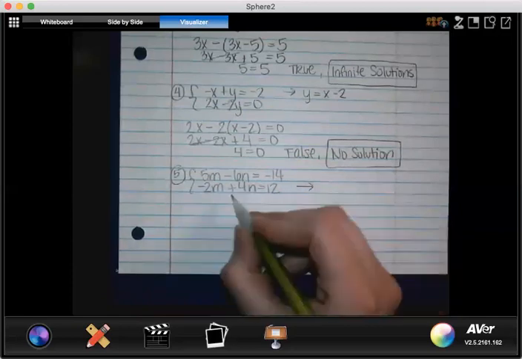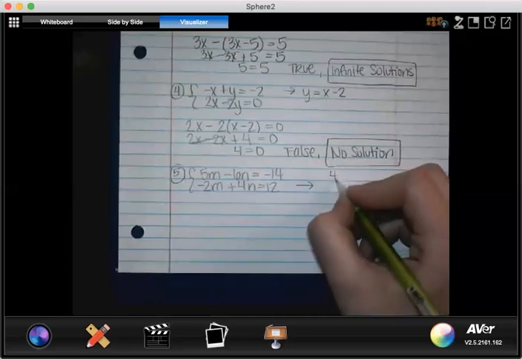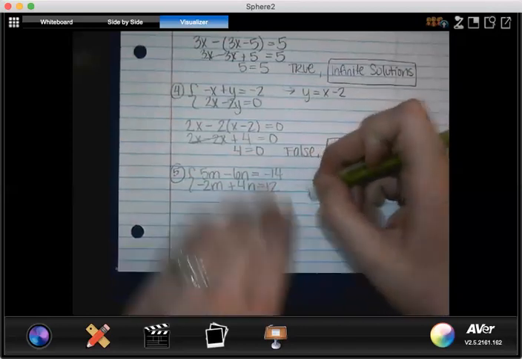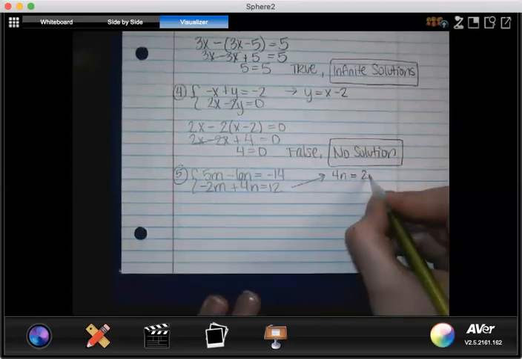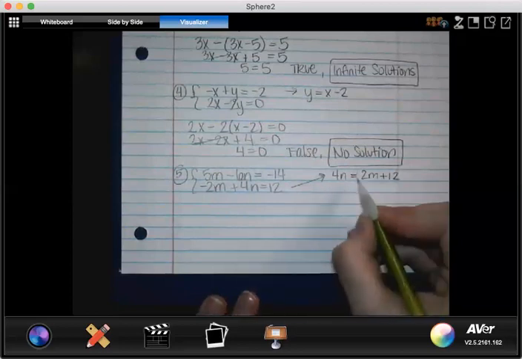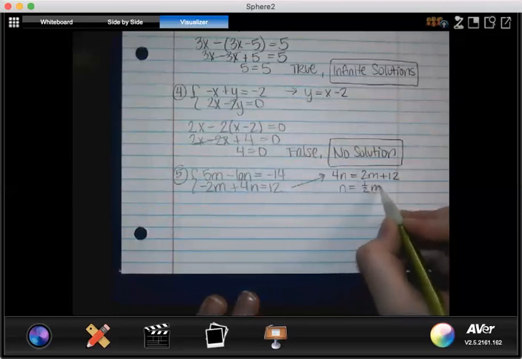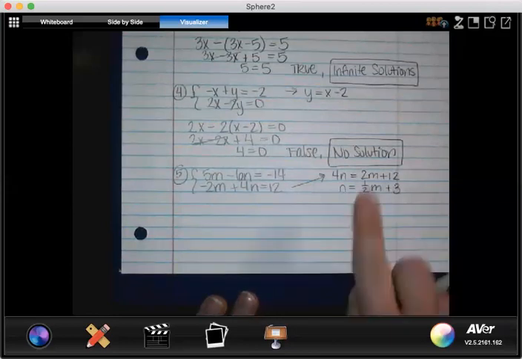So if I were to solve for n, the first thing I would get is 4n equals 2m plus 12. Well, now I have to divide by 4. So if I divide by 4, I'm going to get 2 fourths, which simplifies to 1/2, and 12 fourths, which simplifies to 3. So I have 1/2 m plus 3.